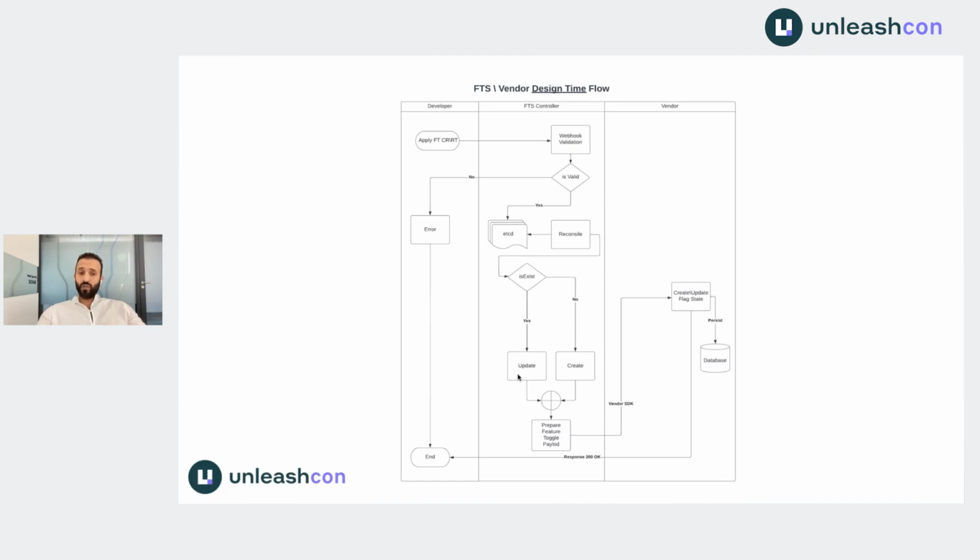If it exists, we update it, and then we prepare the payload on the controller, and we create or update it on Unleash through the Unleash admin API, and we save it in the database of the Unleash.